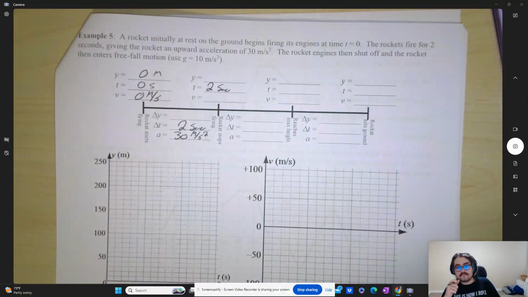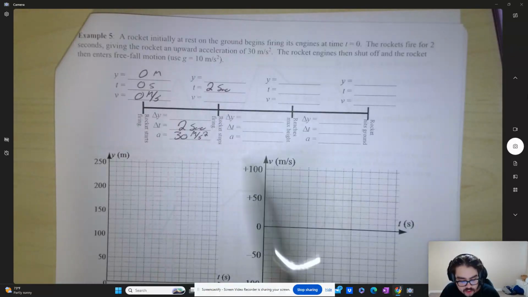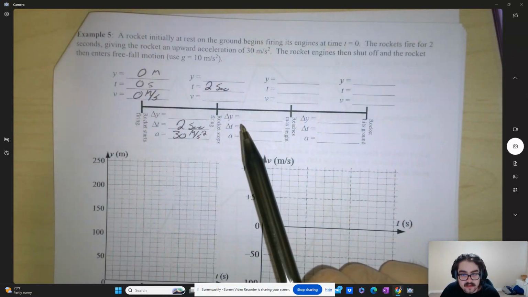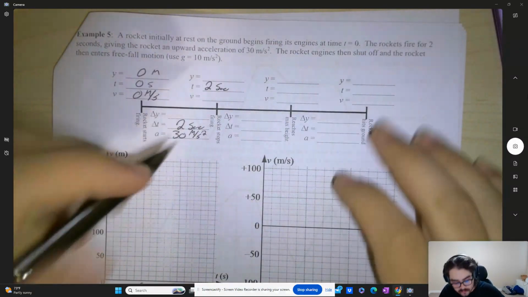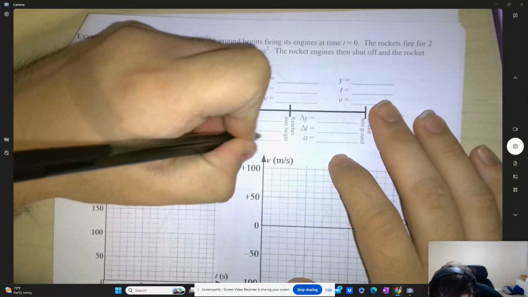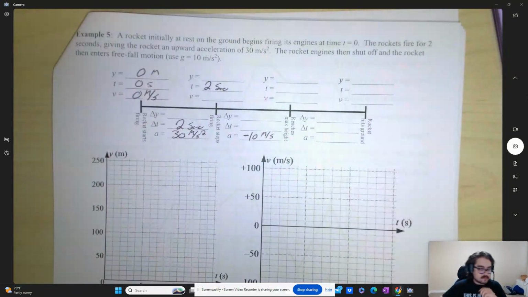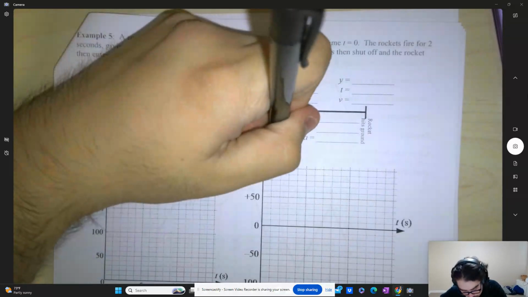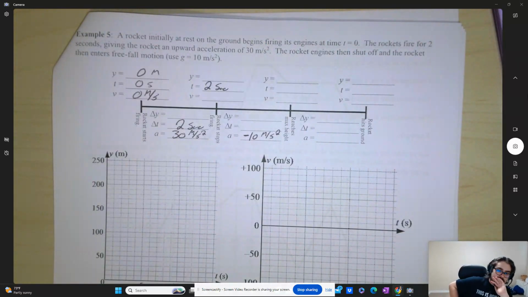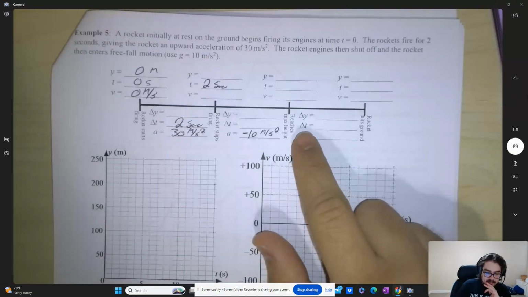When the rocket engines shut off, the rocket enters free fall, so the acceleration should be negative 10 meters per second squared. We don't know anything else about that. And then the rocket reaches the maximum height.